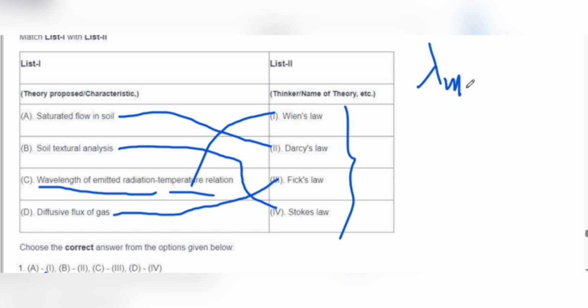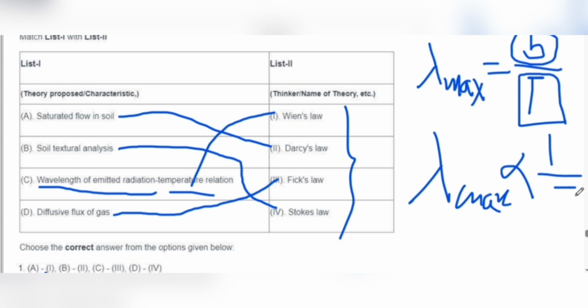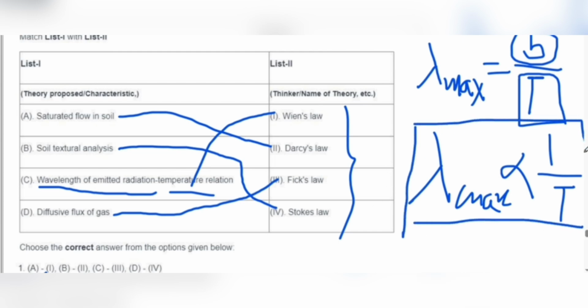That is, the wavelength of maximum emitted radiation is equal to b by T, where b is a constant called Wien's constant, and T is the absolute temperature. So how is it related? Lambda max is inversely proportional to the absolute temperature of the body from where the radiation is emitted. This is Wien's law.